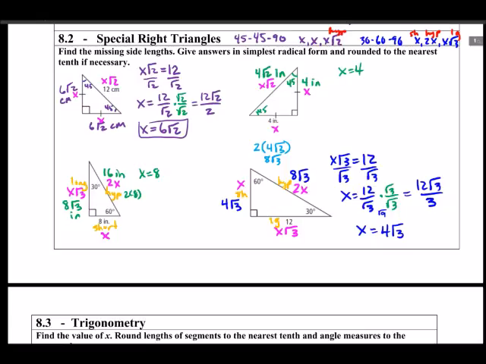Square root is kind of like an x. It's just a number, but because it's irrational, we don't multiply it in just yet. So, easy, easy. If you label your triangles, then everything's easy. The hardest thing to do is to rationalize those denominators.